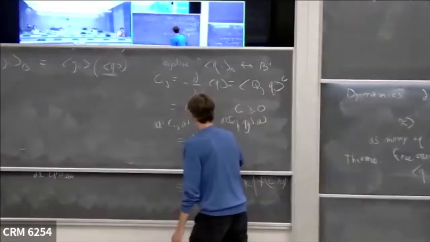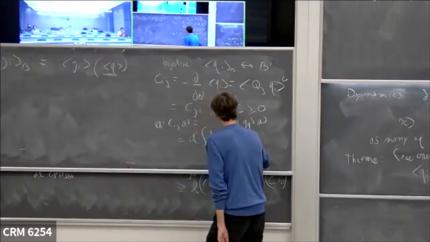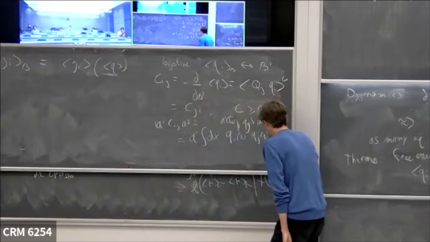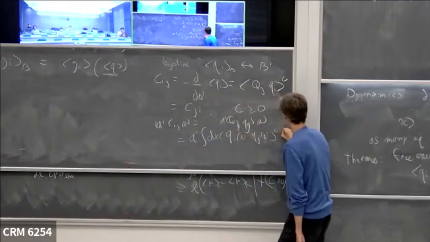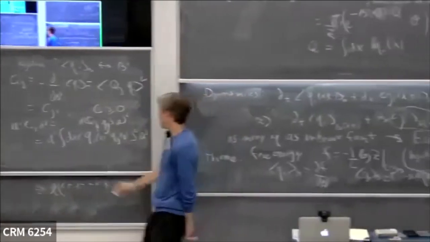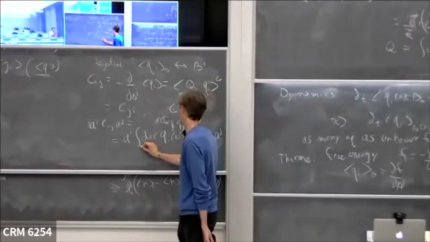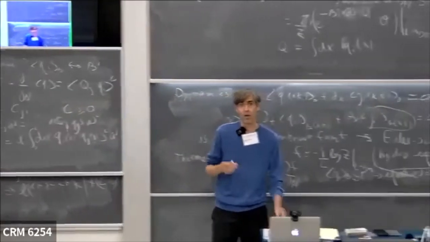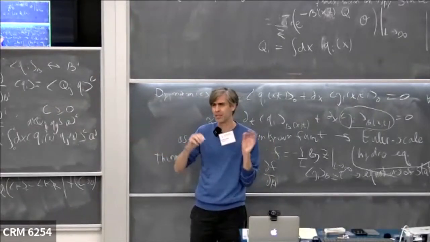If I write it explicitly, it's the integration dx of q_i(x) q_j(0), average connected, a_j, summed over j. I have an integration dx from, say, 0 to L by using homogeneity, or imagine that the system is periodic, for instance.